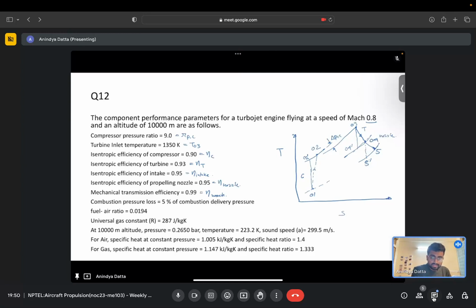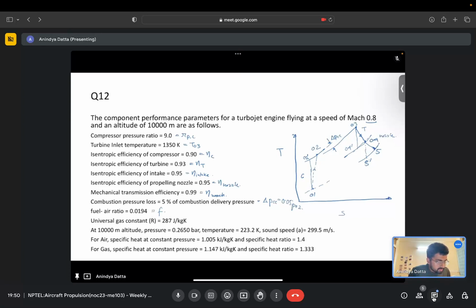Then the combustion chamber pressure loss, delta PCC, which we have seen is generally expressed as a percentage of the compressor delivery pressure P02. This is 0.05 of P02. The fuel air ratio is given as 0.0194.